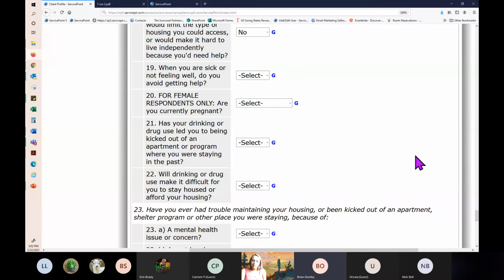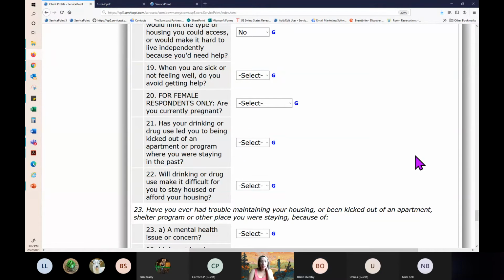Apartments that have stairs and things like that. Would you answer yes if you have physical limitations, but not that it would prevent you from living independently, but it would limit the place that you could live?